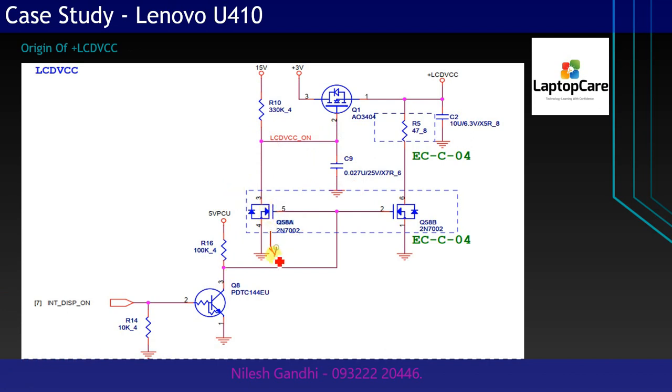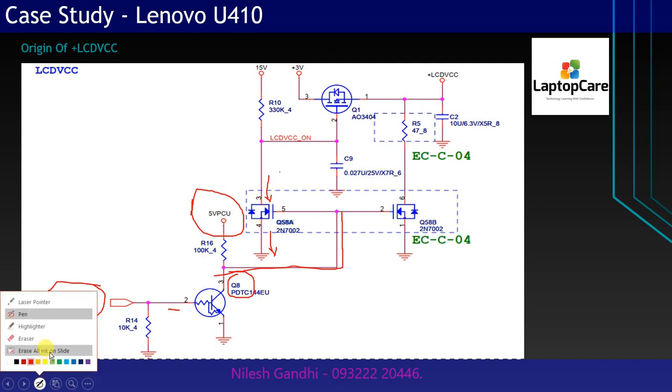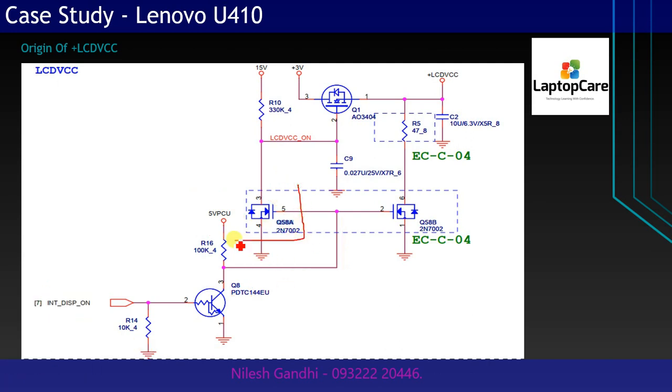Source is grounded and drain must have positive voltage, and gate of Q58A is connected to transistor Q8, which is an NPN transistor powered by 5 volt PCU, and the base of this transistor is connected to INT underscore display underscore on. So before proceeding further, we decided to cross check Q58A for its working.